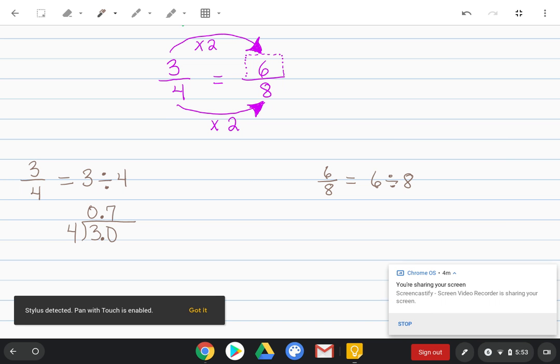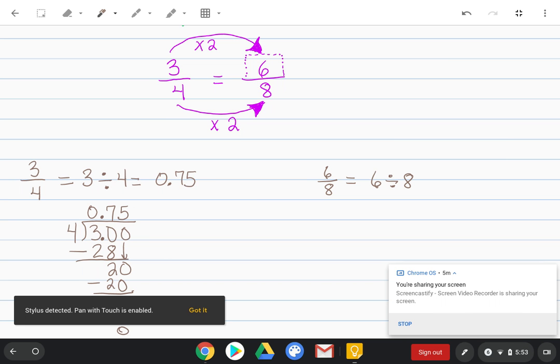And 7 times 4 is 28. I'm going to subtract out. That gives me 2. I'm going to add or annex a 0 and bring that 0 straight down. And then 4 can go into 20 5 times. 5 times 4 is 20. And when I subtract out, I have 0.